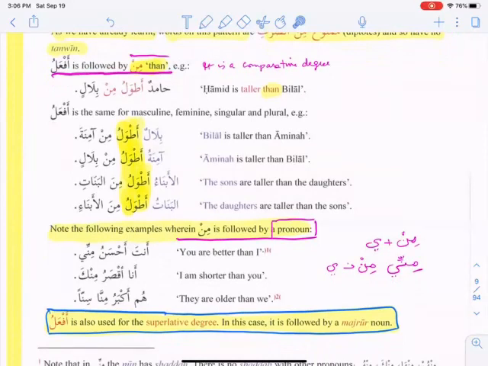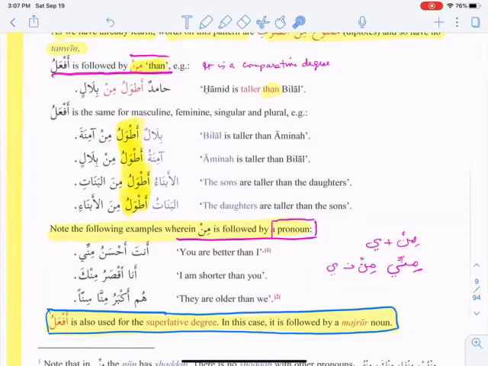Now we are doing ana aksaru, kathir short, aksaru. Watch for these. These are beautiful nouns, very easy. You will be able to figure them out very easily, inshallah, and you will enjoy it. That is why I'm concentrating more on explaining all these things. Ana aksaru minka.